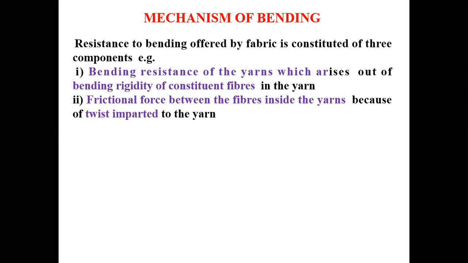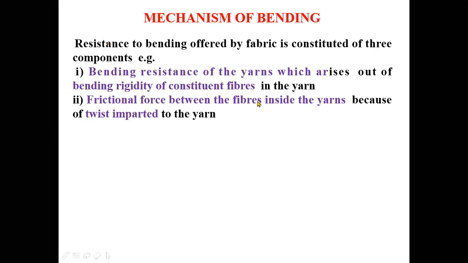What I mean to say is that the yarn is composed of fibers. When you try to bend the fabric, the bending resistance of the yarn will resist the deformation of the bending.